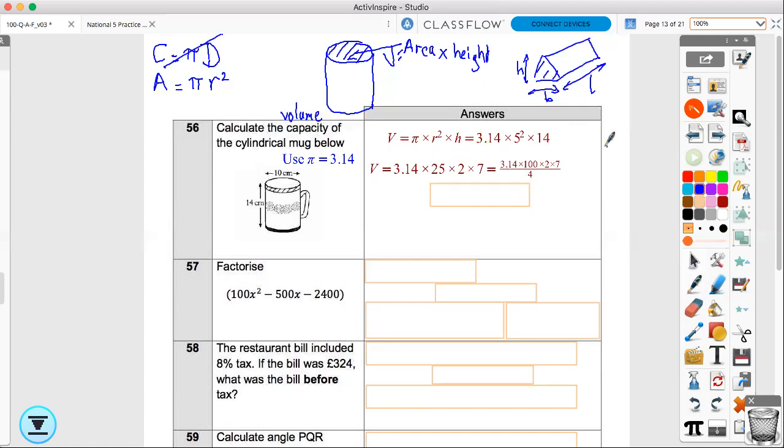And even if you think this is probably something difficult, you just do 300 times 7 plus 10 times 7 plus 4 times 7. So you find the value for that: 2100. 10 times 7 is 70.